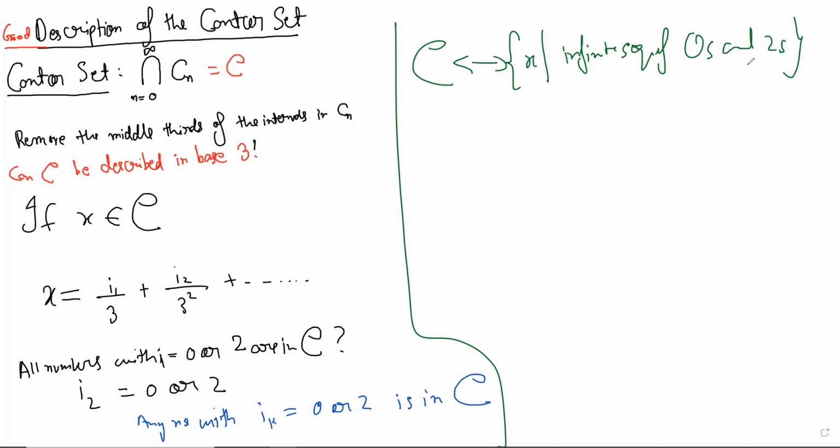That's all it is, in base 3. But it's a unique interpretation, right? Every sequence of zeros and twos has a unique interpretation.